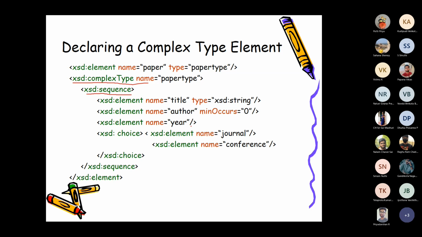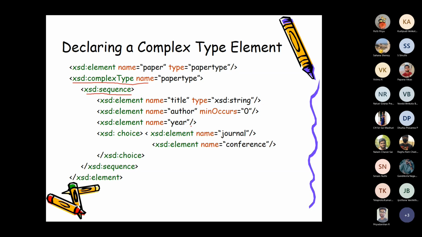Element name equal to year, you are not specifying any type, whatever the content, it is fine. Then you are saying there is a choice of either journal or conference. So two different elements you are declaring and that is a choice, either this or that can happen. It is like the pipe symbol we used in DTD.